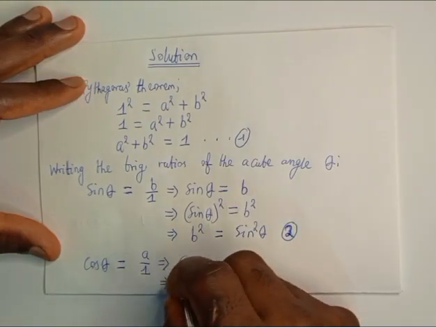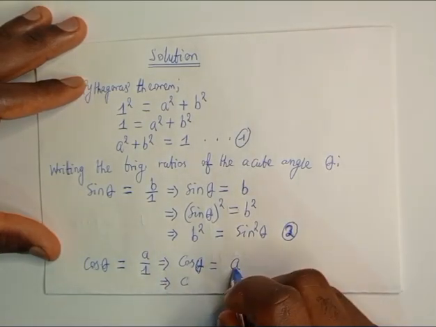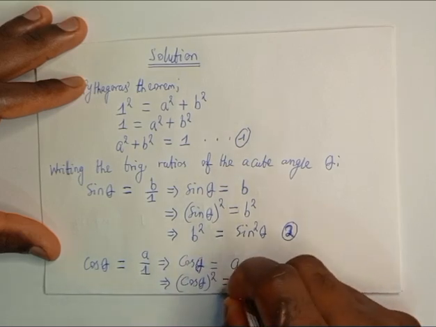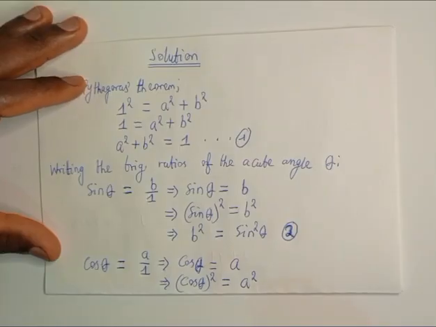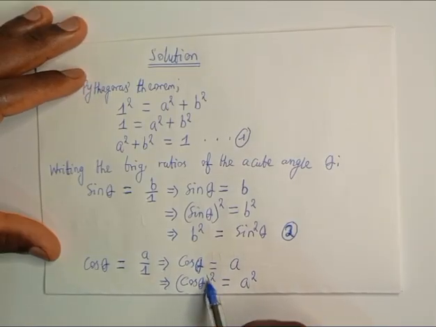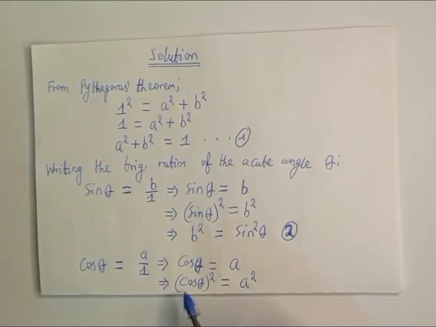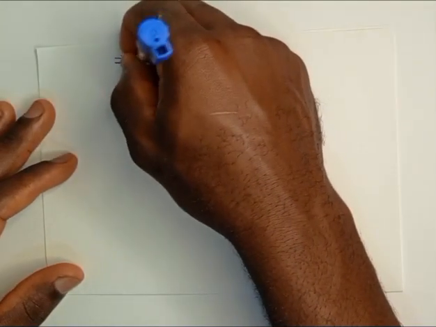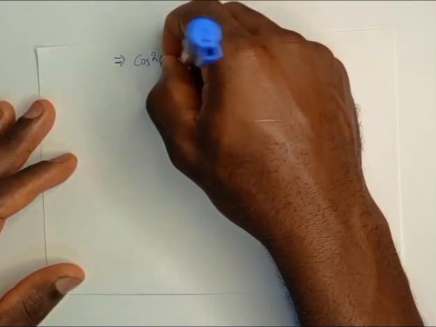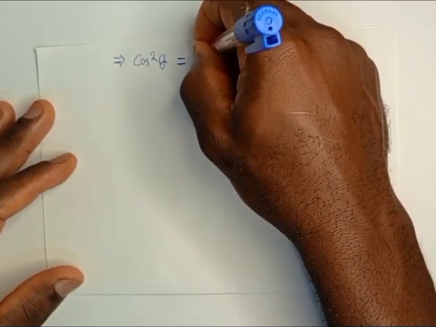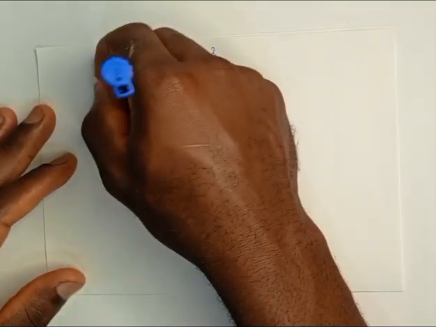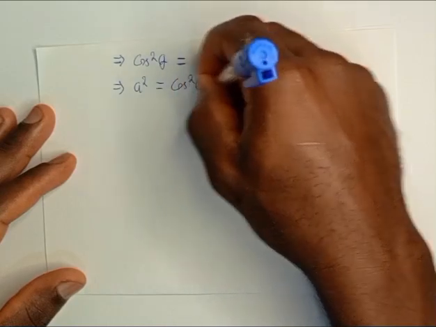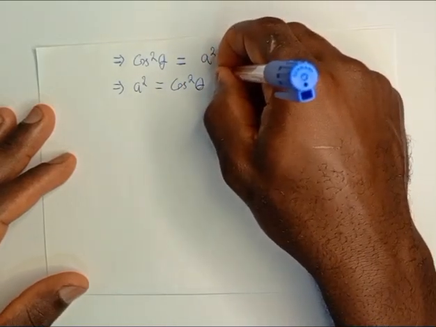Next, we have to square both sides so as to find a squared. cosθ, all this squared, will be equal to a squared, which is the same as saying a squared is equal to the cos squared of the acute angle theta. We call this one equation 3.